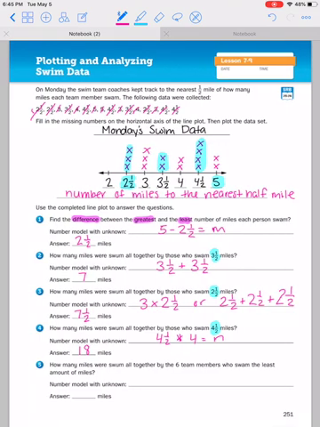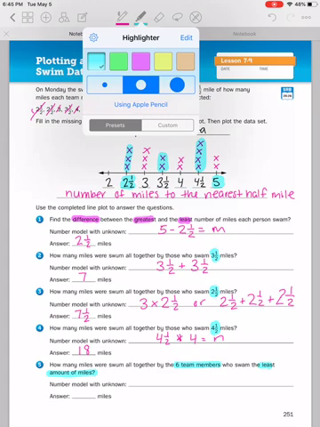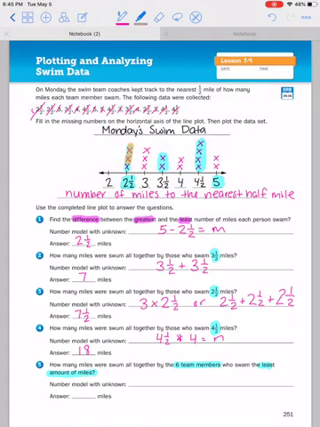How many miles were swum all together by the 6 team members who swam the least amount of miles? The least amount of miles. So we know that 3 people swam 2 1/2 miles, and then 3 people swam 3 miles. So that's the first 6 team members. How would I write that?